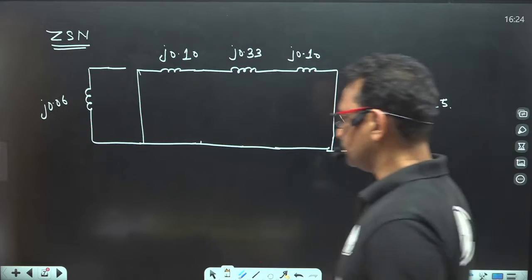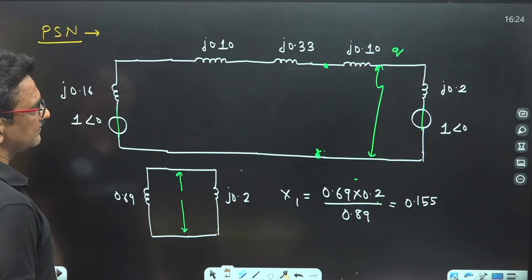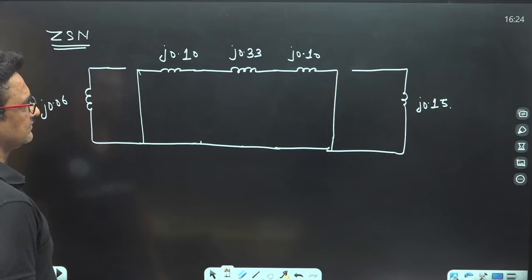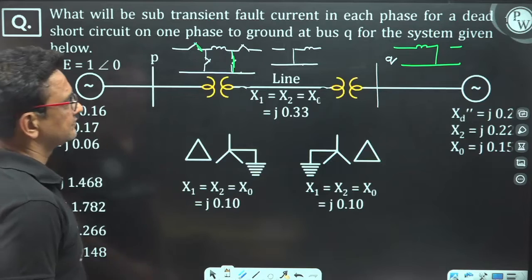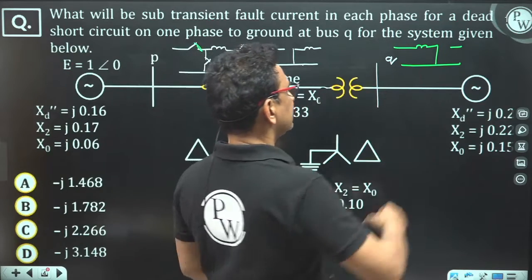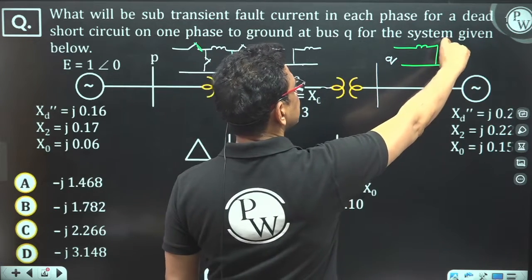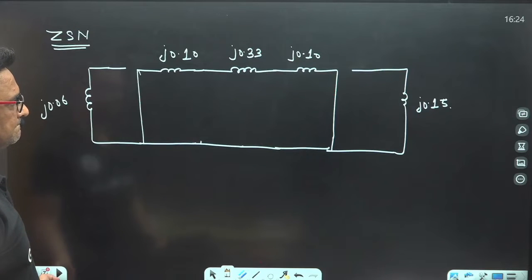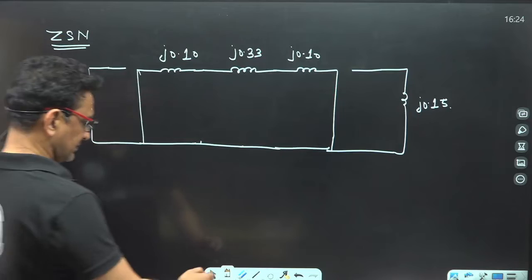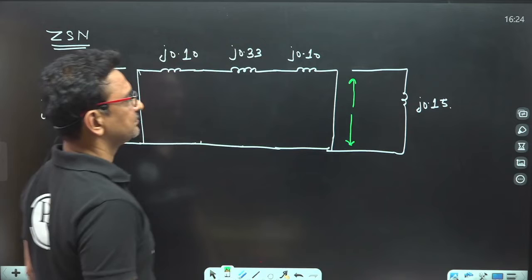So where is the Q? The bus bar Q is after this transformer. That means here we have a bus bar Q. Find out the impedance here. What is the impedance here?